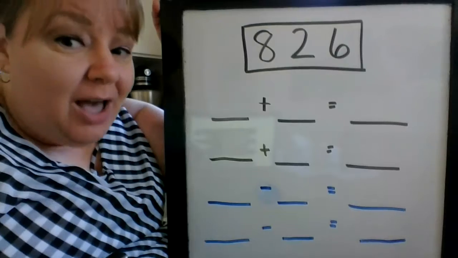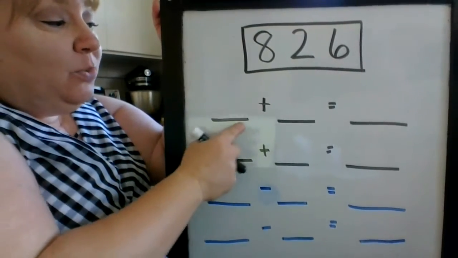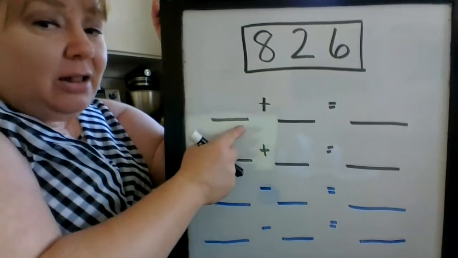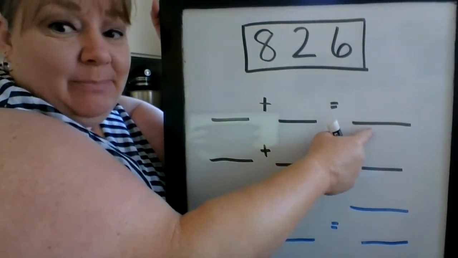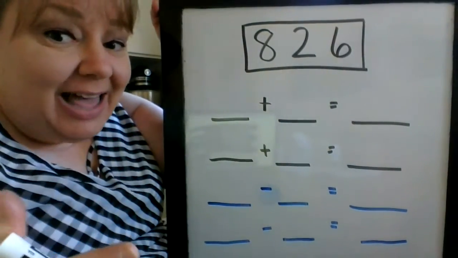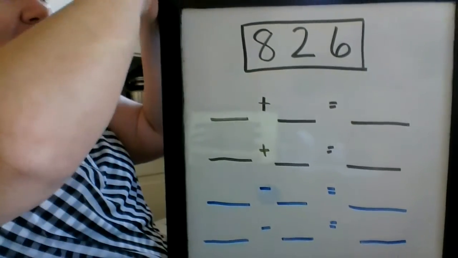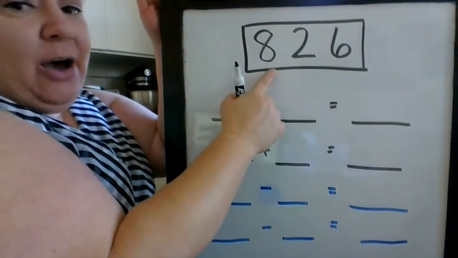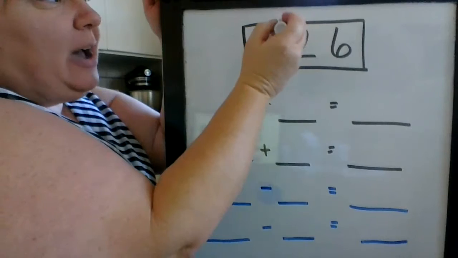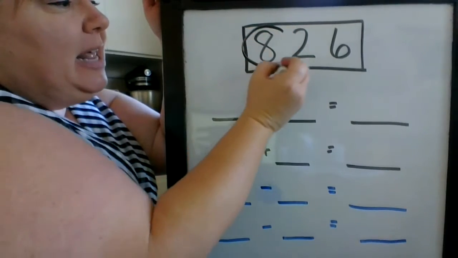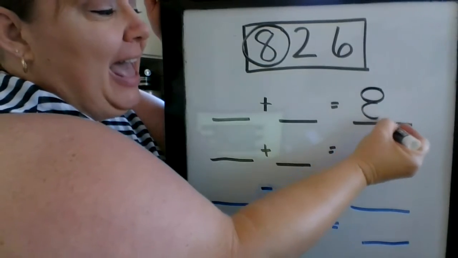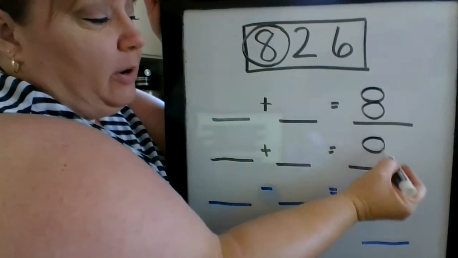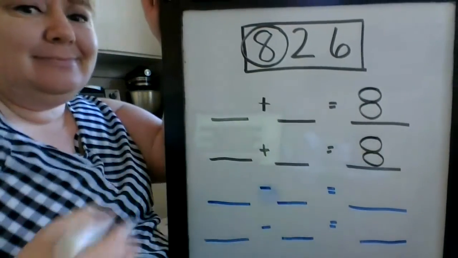And we also know that when we add 2 smaller numbers, we get the biggest number, our whole enchilada. So that means that our 8, which is our biggest number, is going to be at the end of both of our addition sentences.